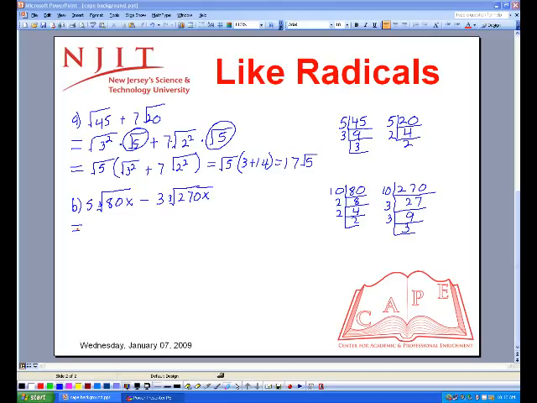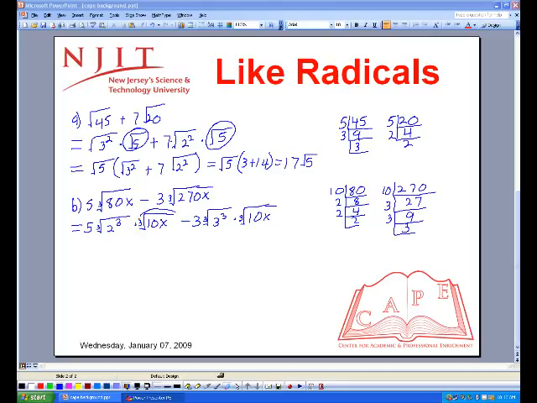So we're going to have 5 times the cube root of 2 cubed times cube root of 10x minus 3 times the cube root of 3 cubed times the cube root of 10x.